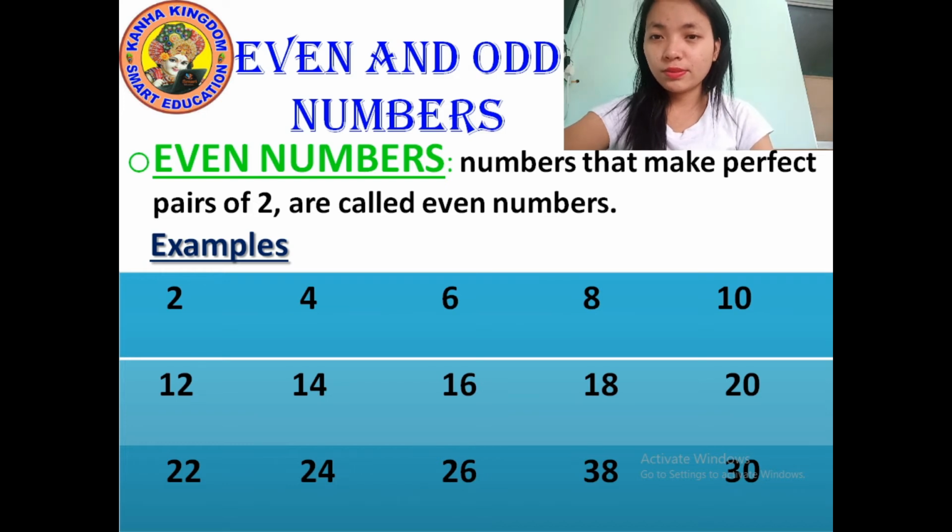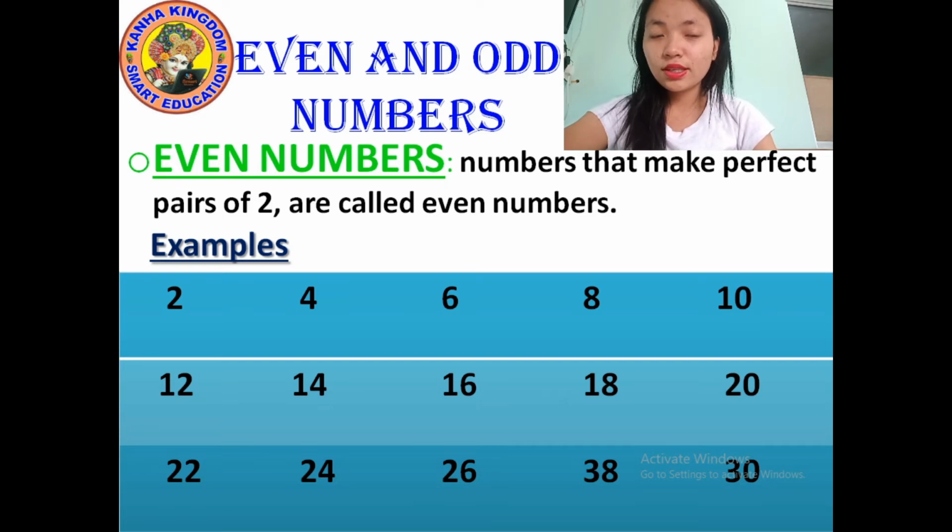For example, if you have 4 chocolates and you have to share them with your sister or brother, how many will you give to your brother? You have to share the chocolate equally. Obviously you will give 2 and keep 2 with you, right?